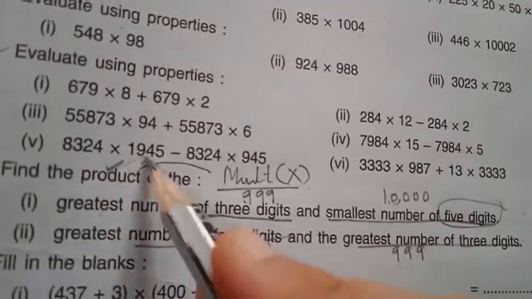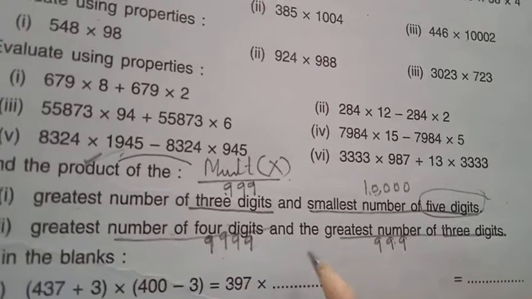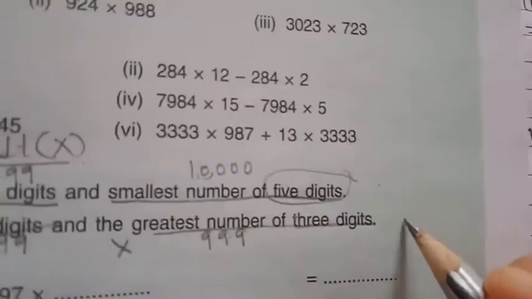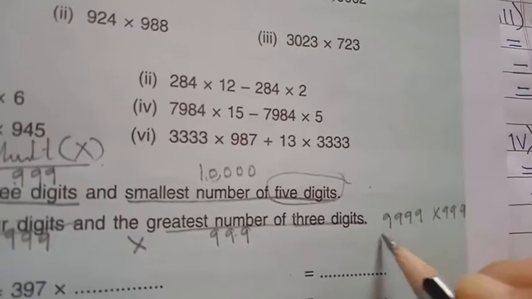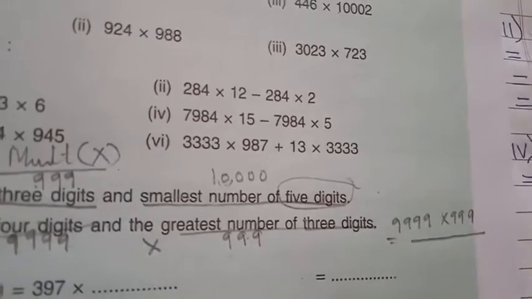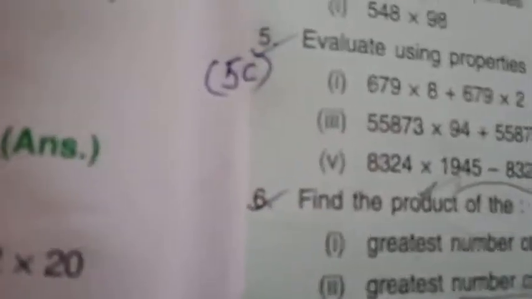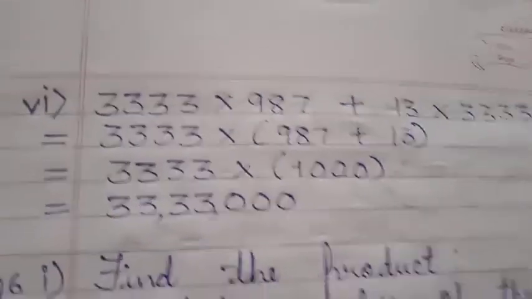What is asked? Product. So you just have to multiply it. Solve and get the answer. I have solved the first one, you can see that, and the next one I have given as homework. One more homework is there, the sixth one.